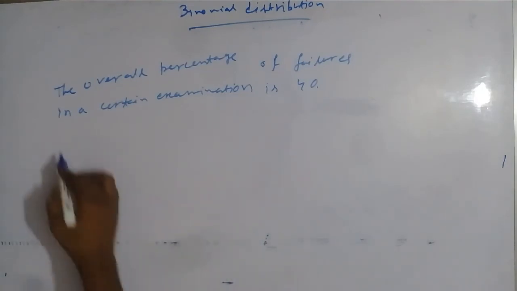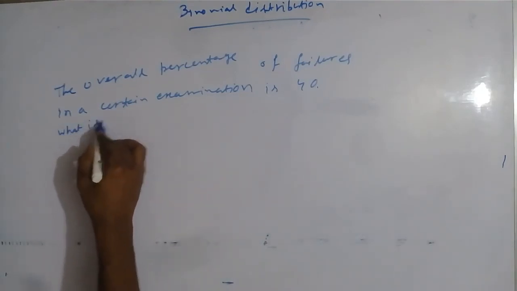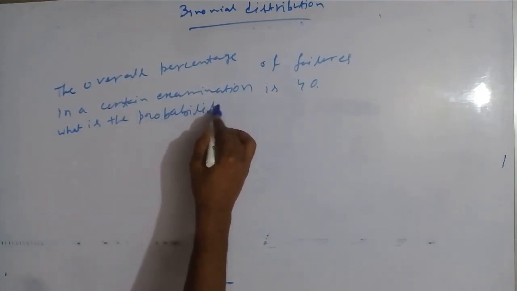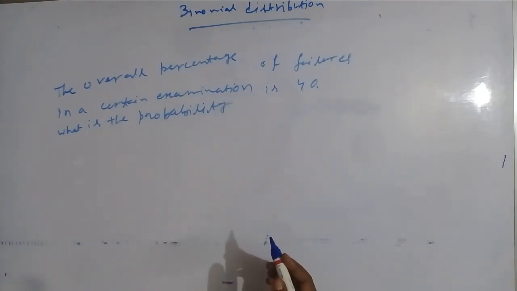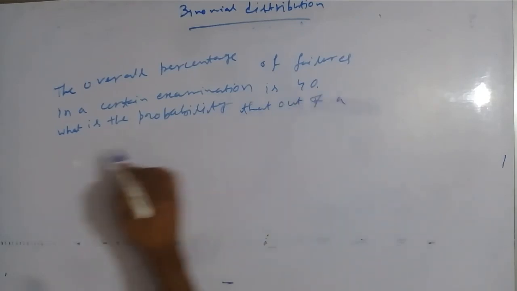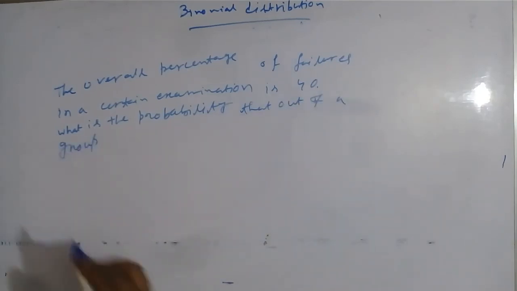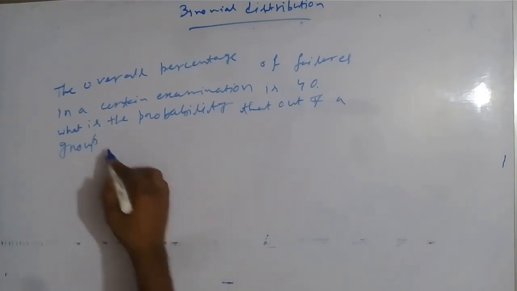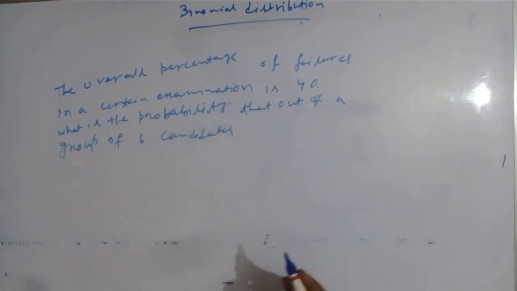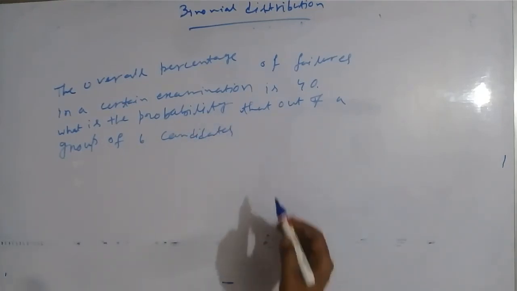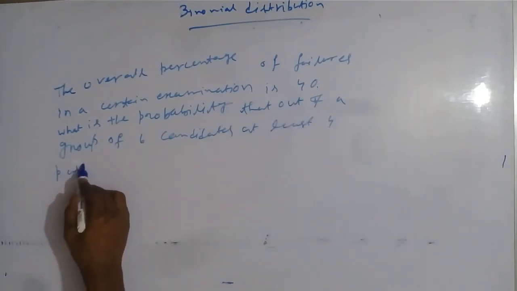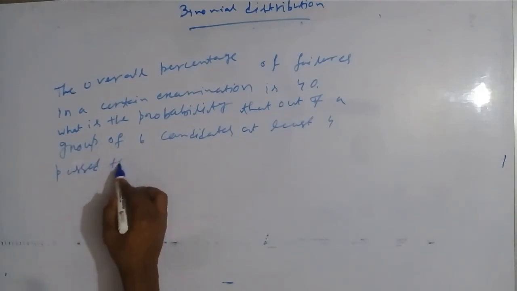What is the probability that out of a group of 6 candidates, at least 4 passed the examination?